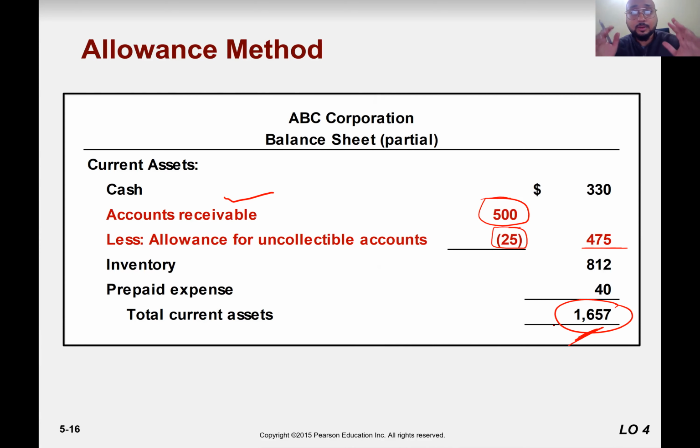So in your plan, you would be selling 500 million worth of goods to customers, and you have to receive $500 million from customers, but you said 25 million is not going to be received.